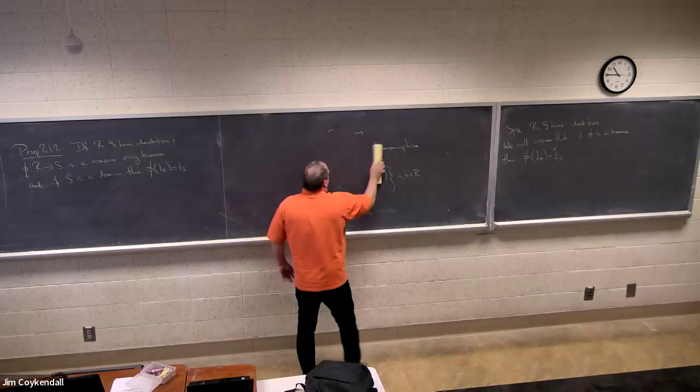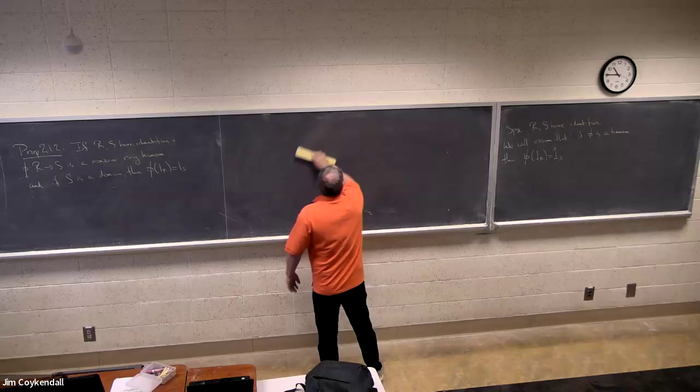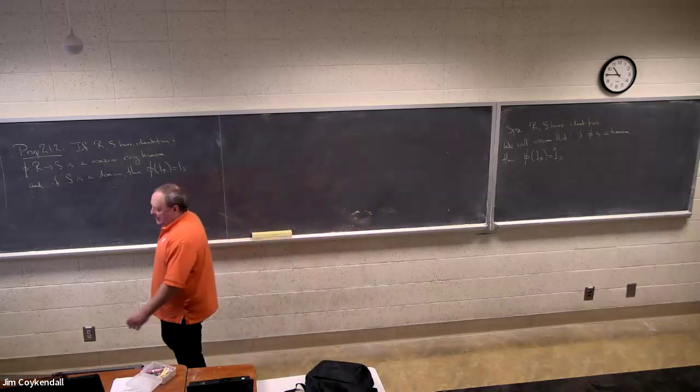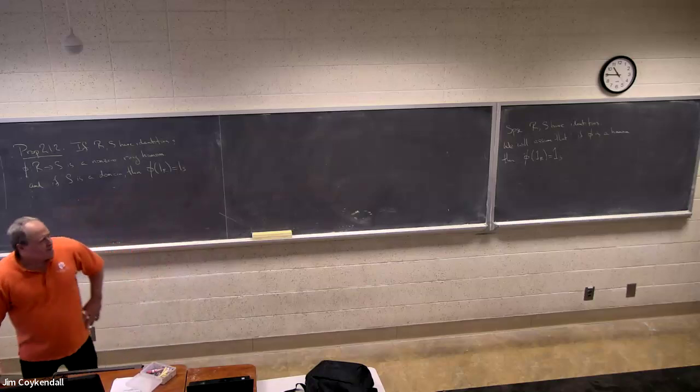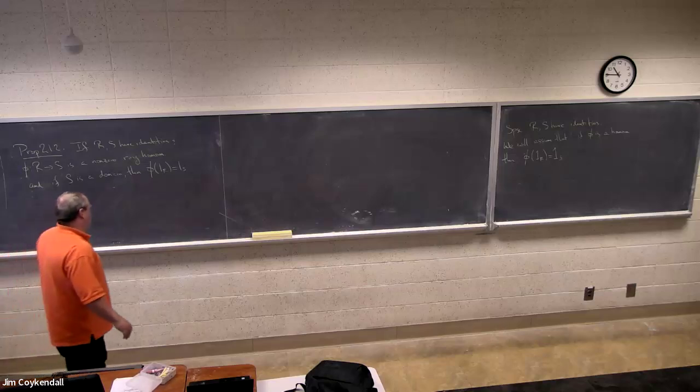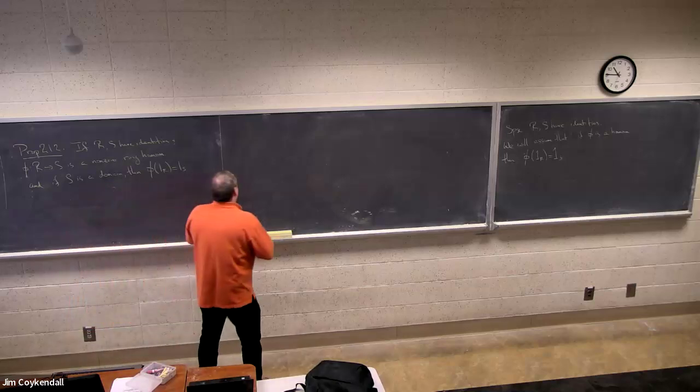But let's suppose you have rings with identity and you have a non-zero homomorphism from R to S. Then, if S is a domain, it forces phi of one to be the identity of S. And the proof of this is straightforward.